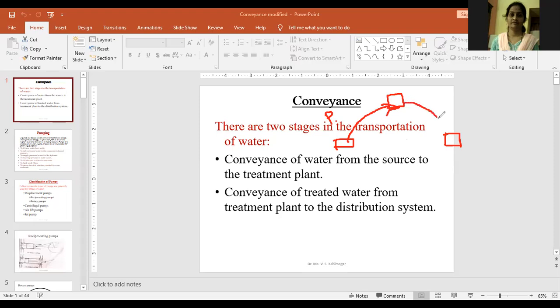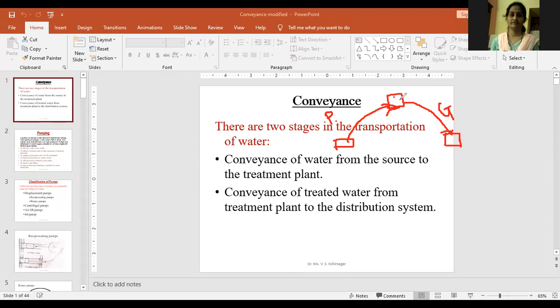But from the treatment plant to the distribution network, or for the consumers, multiple times water will be provided by gravity. But sometimes what happens, the area provided for the treatment plant may not be at sufficient height from the ground, sea level.